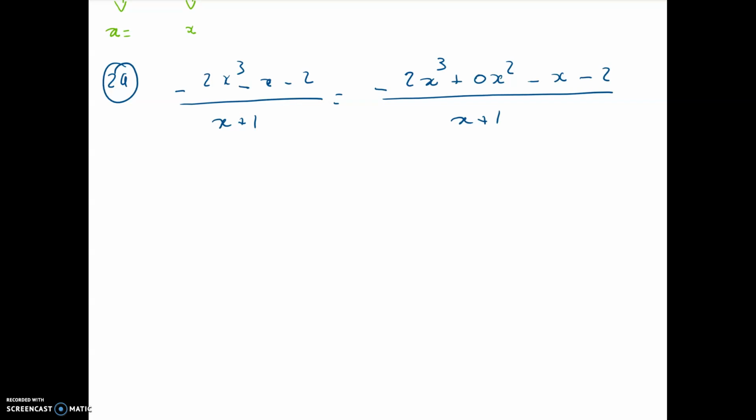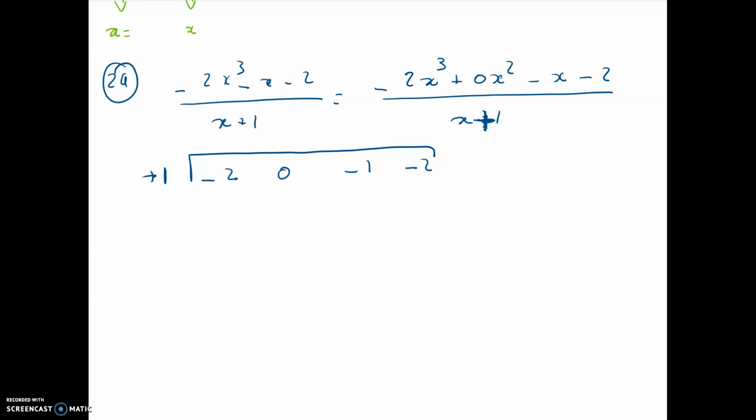So when I do my synthetic division, I see x plus 1, there is a plus, so I will take plus 1. If it was a minus 1, I would take minus 1. And then I'm going to take the coefficients that I read on my polynomial: -2, 0, -1, and -2.